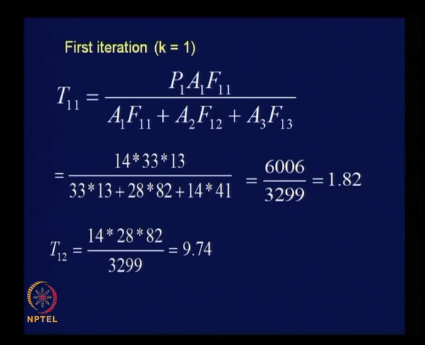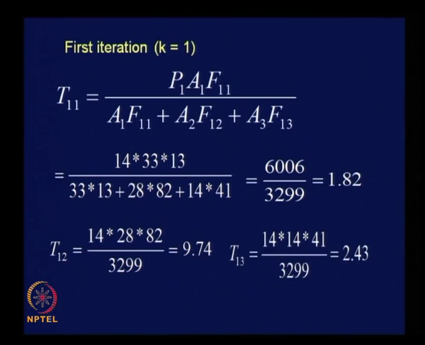Similarly, T12: since the denominator is the same, I am just putting the final value of the denominator, only the numerator will change. T12 is 14 into 28 into 82 whole divided by 3299, that is equal to 9.74, right.